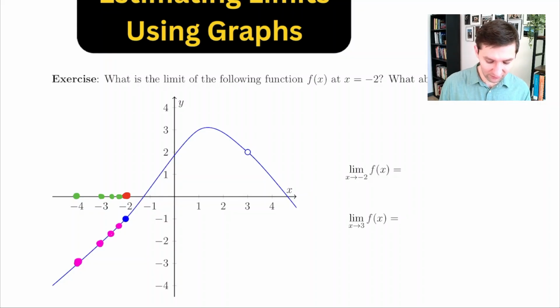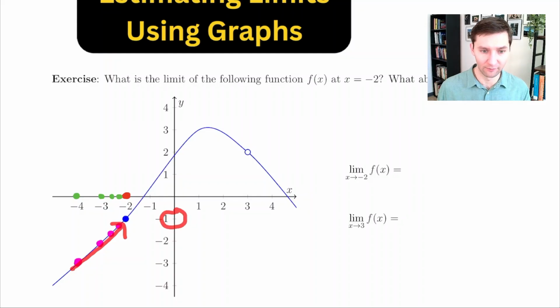The first pink dot I drew has the y coordinate of -3. The second one appears to have the coordinate of -2. Third one may be -1.7. The next one, -1.2.